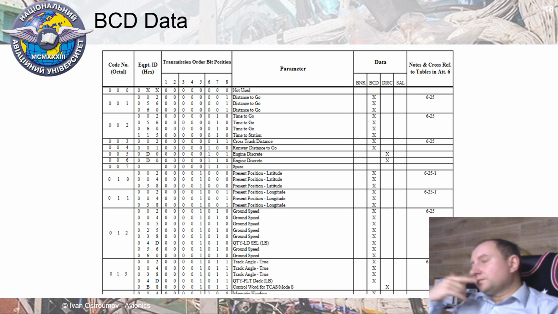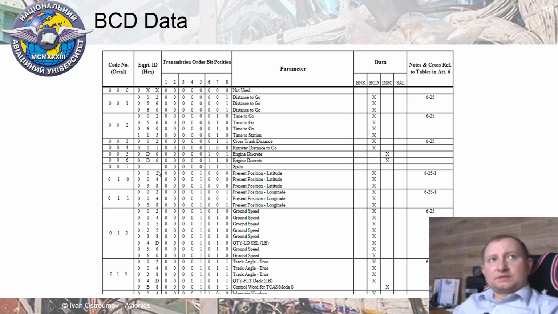Then it can be the inertial navigation system, and it can be the flight management system, because you remember that the flight management system analyzes the data and issues the exact location of the aircraft, which will be used by all other systems on board, and also will be transmitted via ADS-B mode. And probably these hexadecimal numbers of equipment 2, 4, and 38 support these three types of systems.